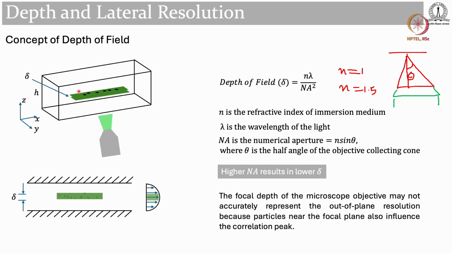You can get some illumination from those particles also, which can increase some kind of noise in your correlation peak. So you have to take care of that while designing your algorithm, which we will talk about more in depth in the upcoming slides.